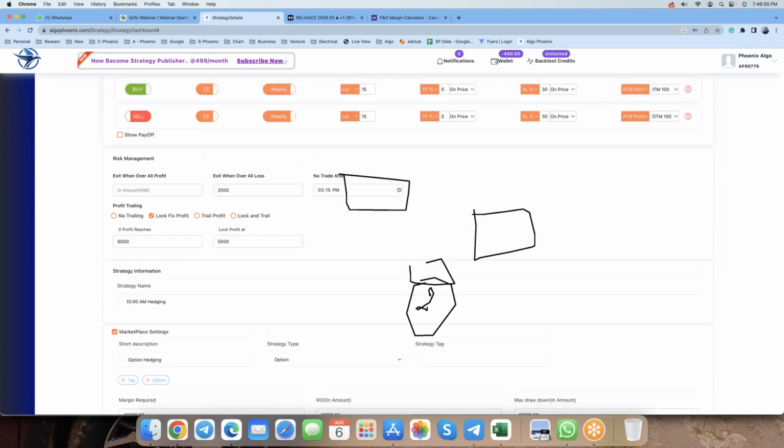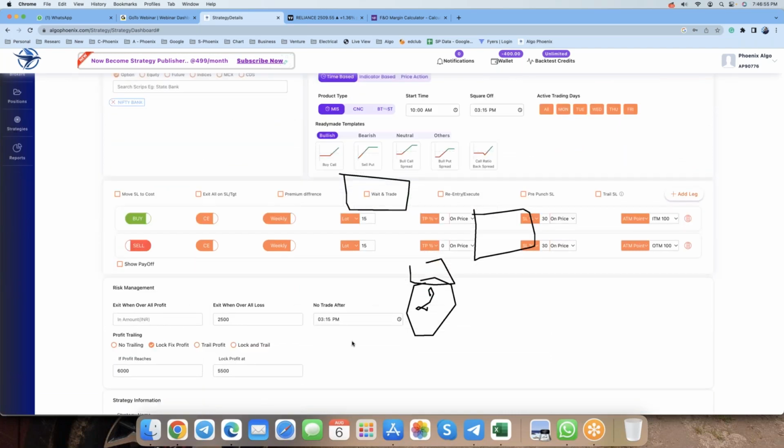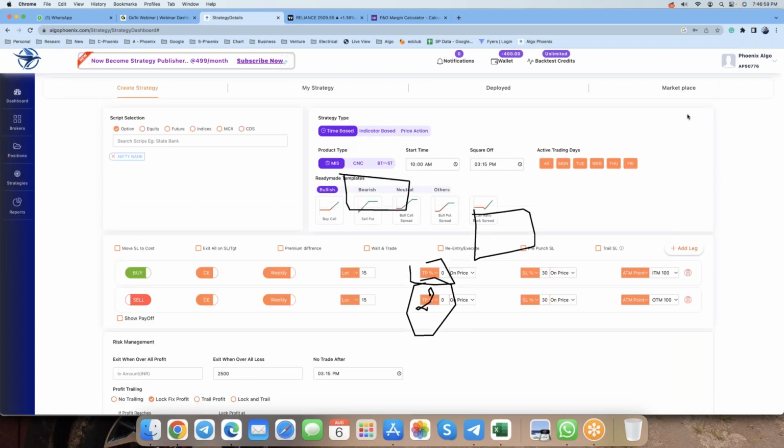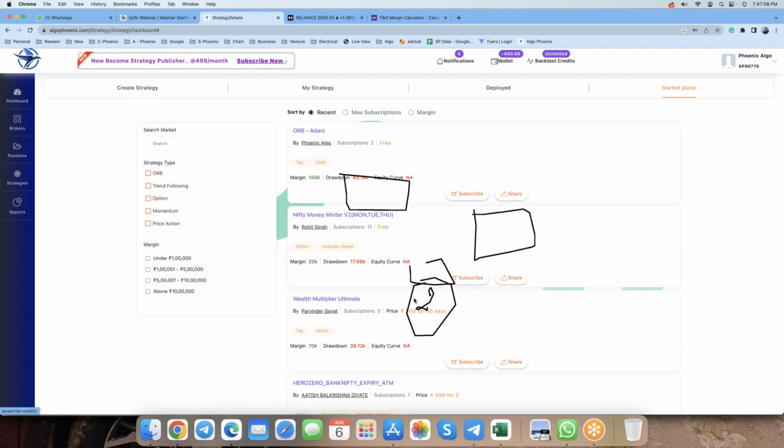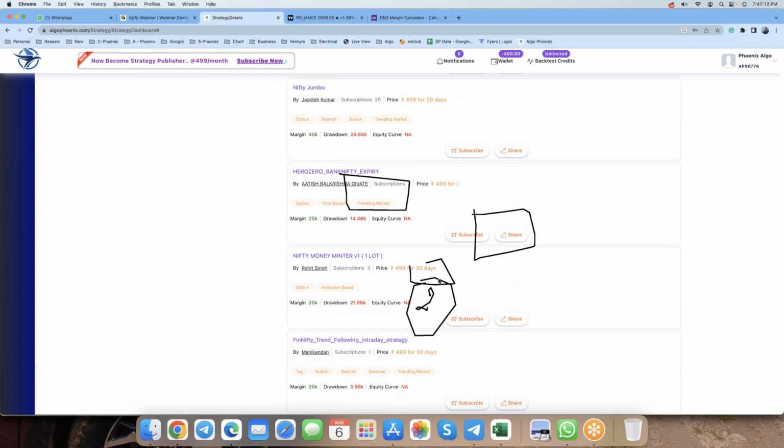Maybe this is a time based one. While deploying it, you can reduce. It's again one-to-one. While deployment or in the strategy itself, maybe it's a supertrend strategy, you'll have an option to reduce the number of trades. So work on these three things. Then this version 1 is good to go, but you have to do all those changes.